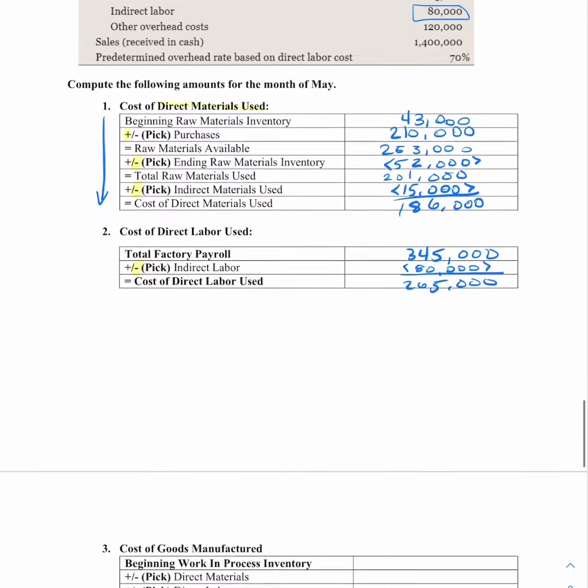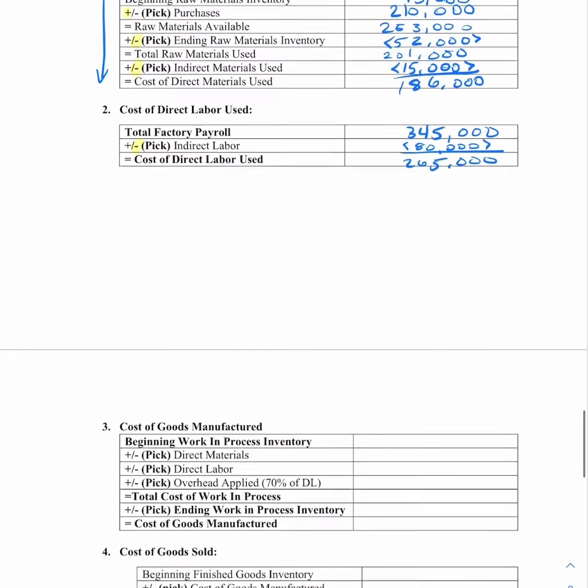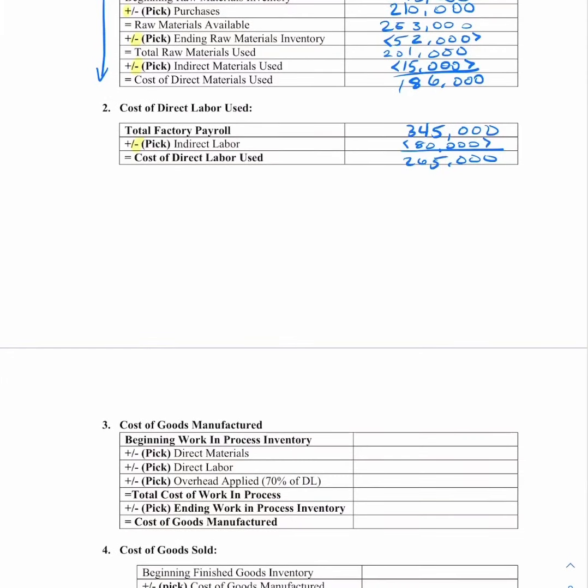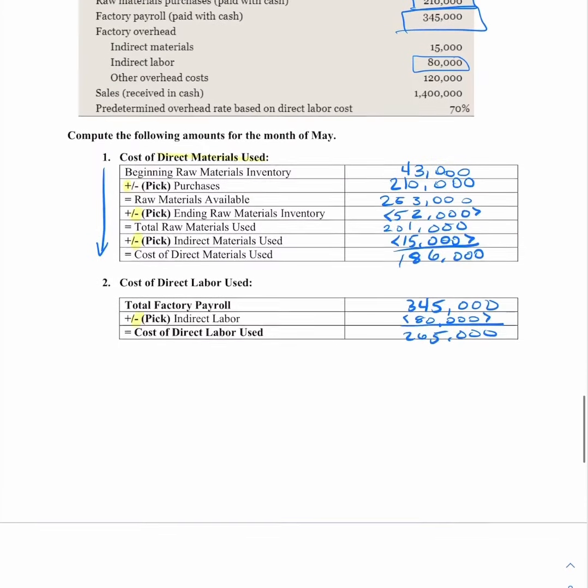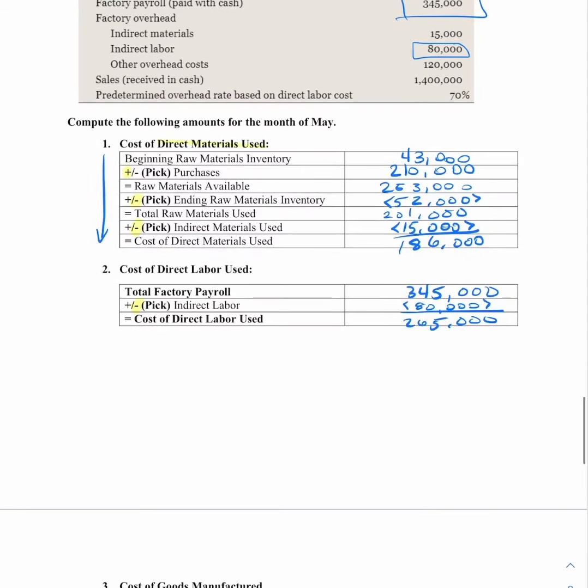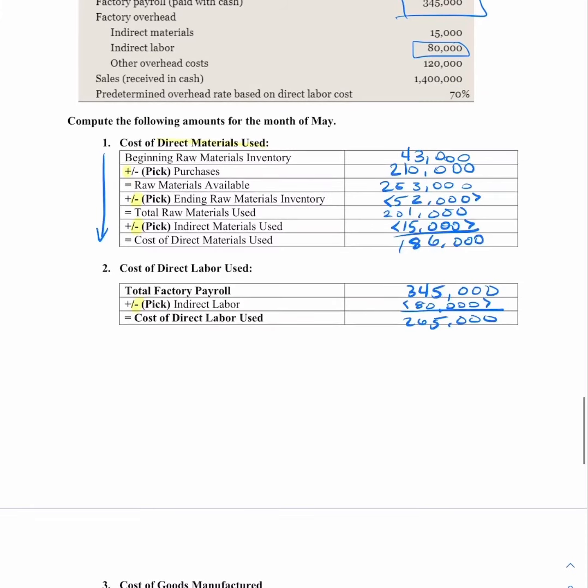So the next item that we need to look at then is the total cost of goods manufactured. So beginning work in process inventory. So if we scroll up just a little bit, we can still see the information we need, 10,200. Next, we need to add in the direct materials that were used, and that comes from what we calculated earlier for $186,000.